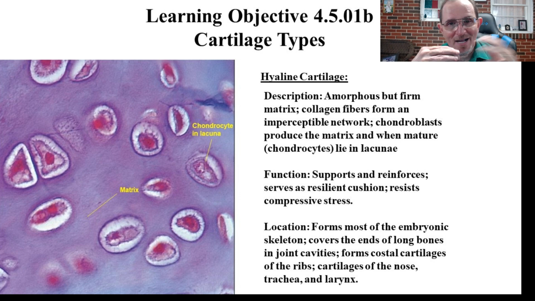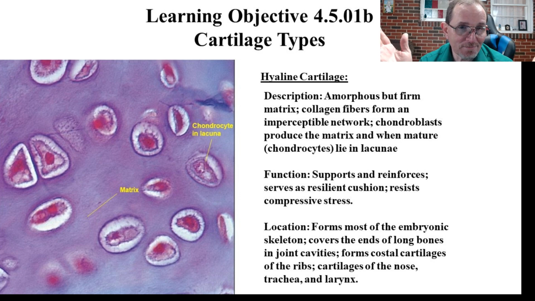Amorphous means not shapeless, but it's kind of firm. The collagen fibers are there, but you can't see them. The chondroblasts, which are not in the lacunae, are making them if it's actively growing, and the chondrocytes are just going to maintain it. This is support and reinforcement.